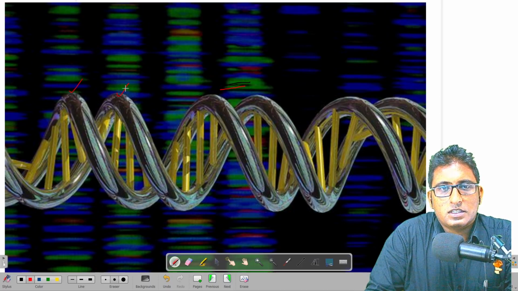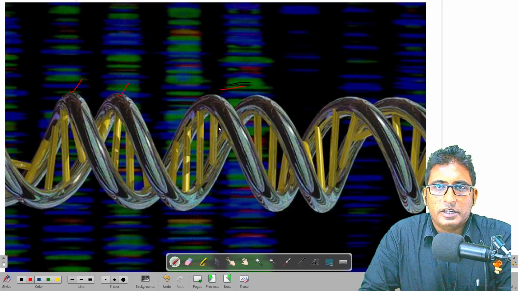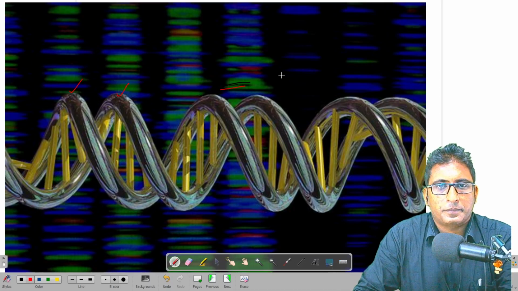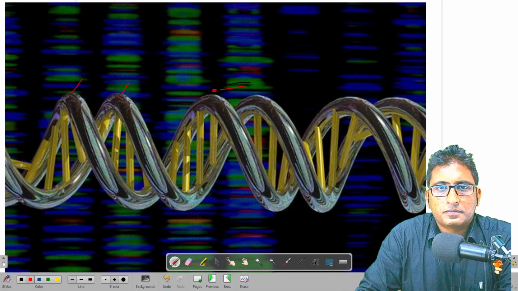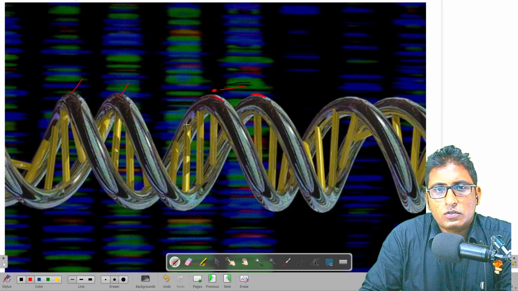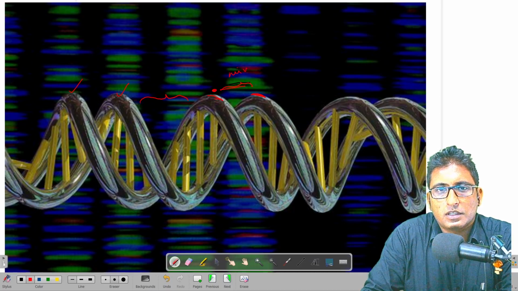Each one of these is a strand of DNA, and they are base paired, or together. Here we have one strand and another one, and we also have a space here and a space here. This is called the minor groove, and the large space here is called the major groove.